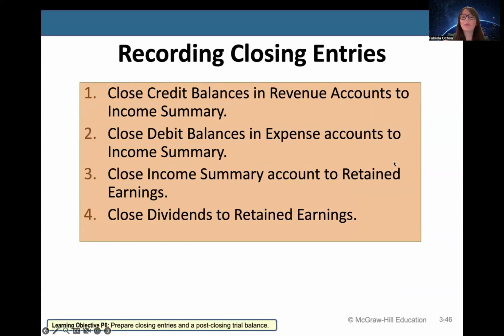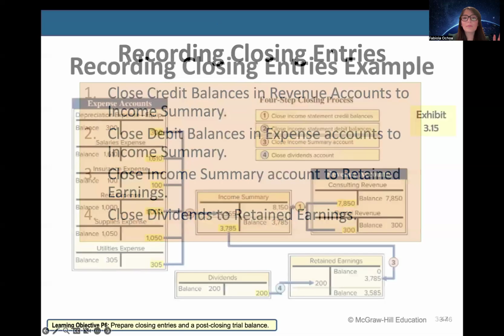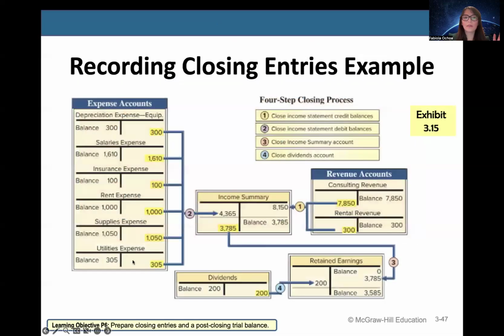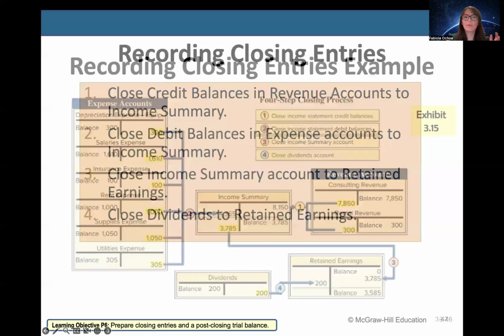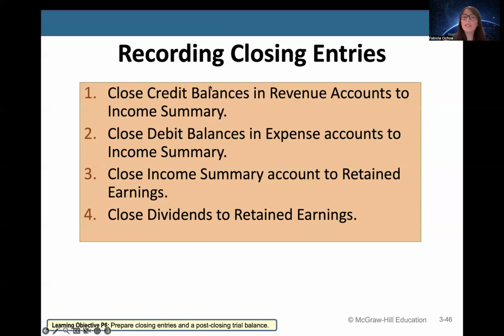Okay, so recording closing entries. This is a very important slide. You have to close these out in this order on your homework. Otherwise, it'll be wrong. So step 1 would be to close credit balances in revenue accounts to the income summary.